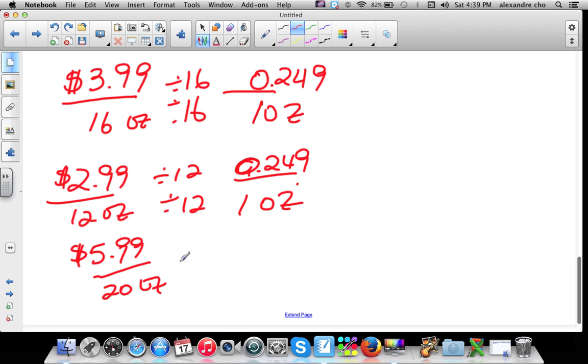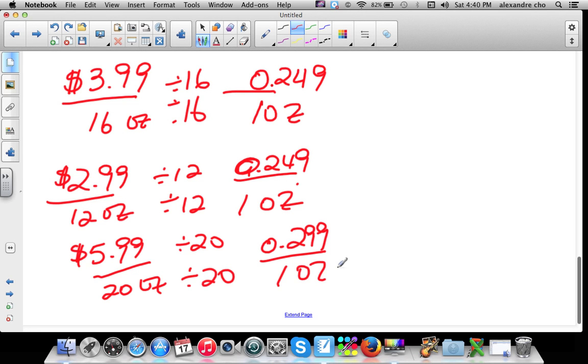And divide by 20. So you got 5.99 divided by 20. This one gives us 0.299 for 1 ounce.